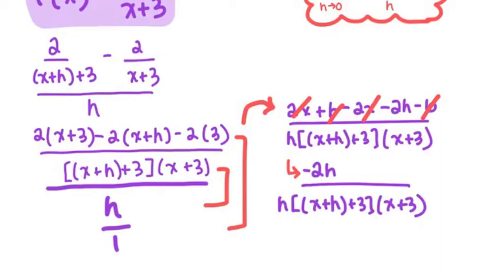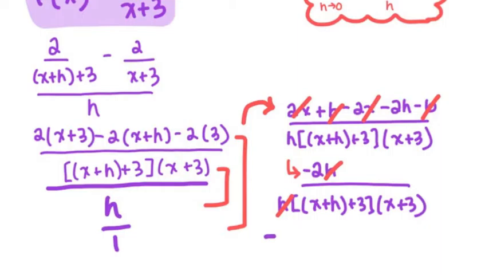Now we can perfectly see that we have again some like terms, the h's, that we can just cross out, and because we remember that all the way from the top of the formula, h is equal to 0, we are going to change the only h that we have left to 0.